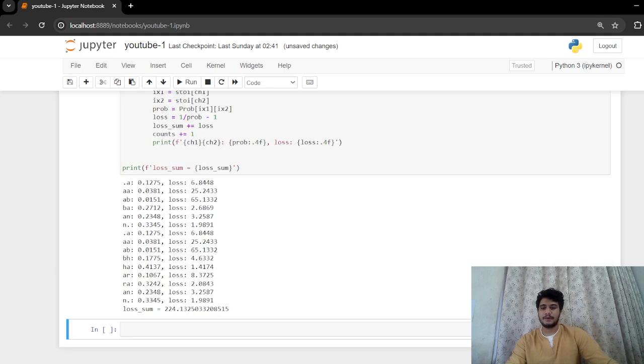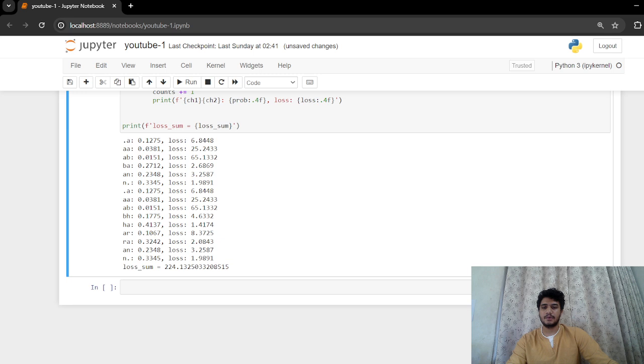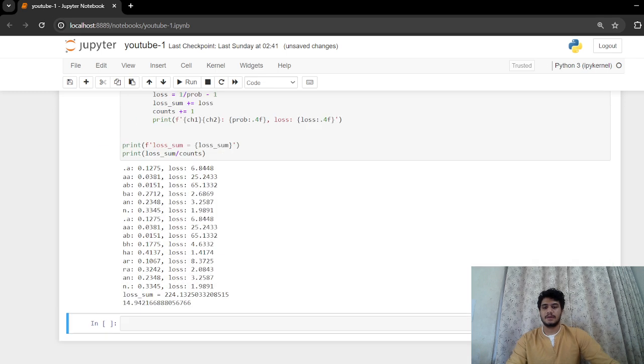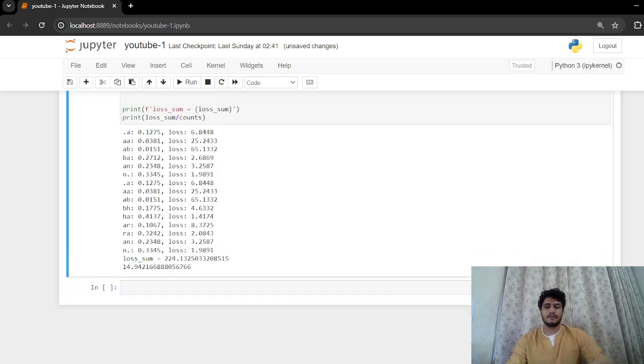So now you can see loss sum is basically 224, and I can just print the loss sum by the counts. This comes out to be 14. So 14 could be a nice loss to use.